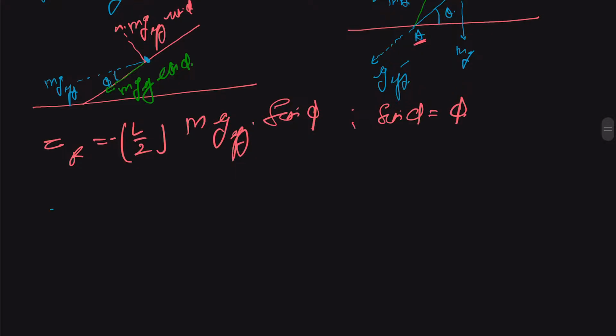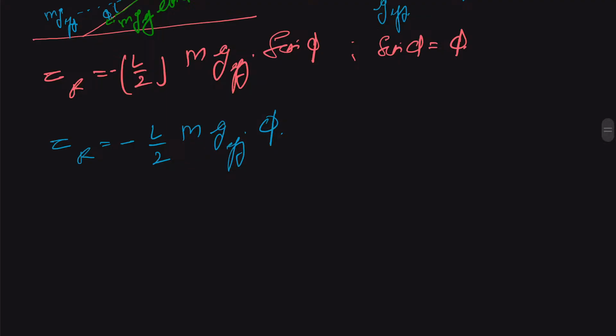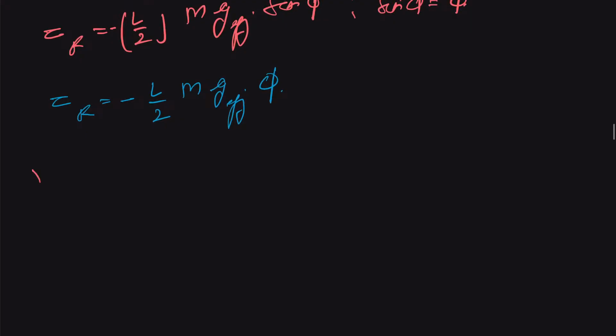Therefore the restoring torque will be equal to minus L by 2 m G effective times phi. Now, because the rod has a tendency to move as it is not in equilibrium, we can write the equation of motion.